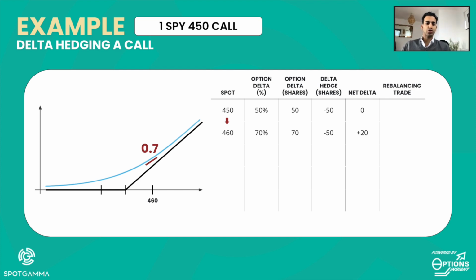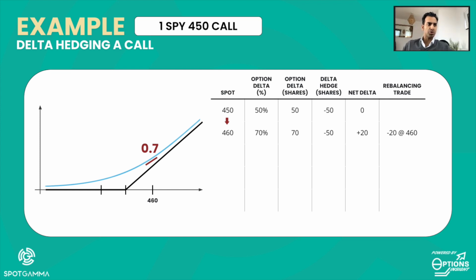That rebalancing trade will be to sell 20 shares to get that net delta back down to 0 and remain delta neutral. Okay, great. So we had a delta hedged call position. The market moved up. We became longer delta. So then we sold some more shares to get back to delta neutral.